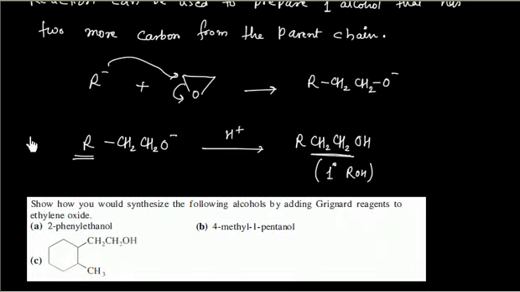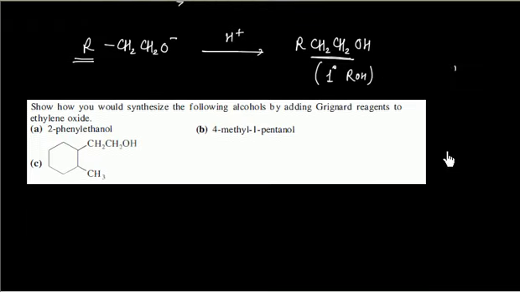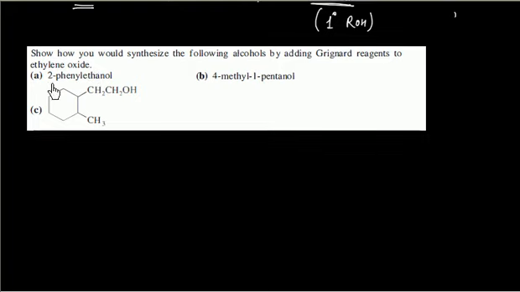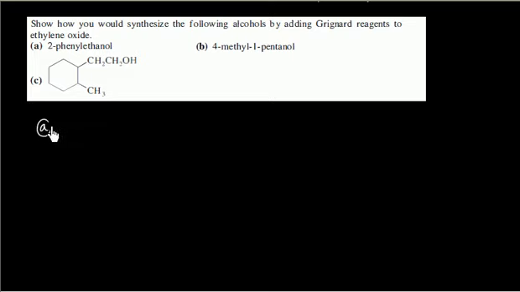Now let us try this exercise. Idea is very similar, same. We have to prepare, so how would you synthesize the following alcohols by adding Grignard reagents to ethylene oxide? So first we have to prepare 2-phenylethanol, that is ethanol that contains a phenyl group, OH.